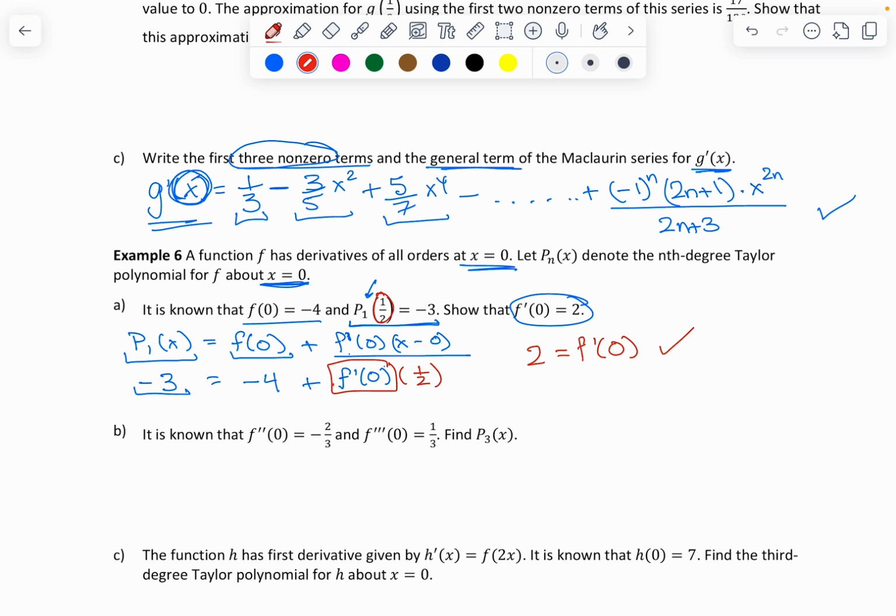All right, next up, it is known that the second derivative is equal to negative 2/3, and the third derivative is equal to 1/3 at 0. Find P3 of x. So here we just need to find basically the third degree Taylor polynomial.